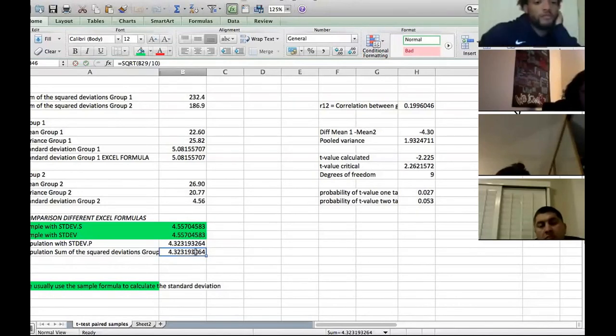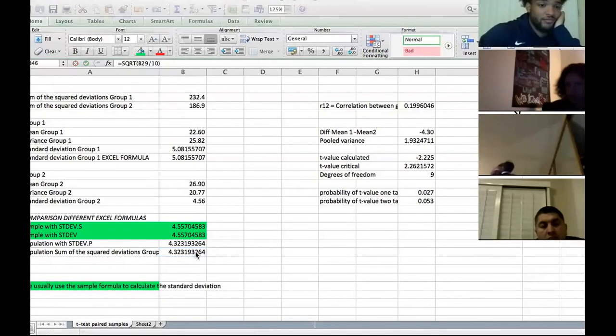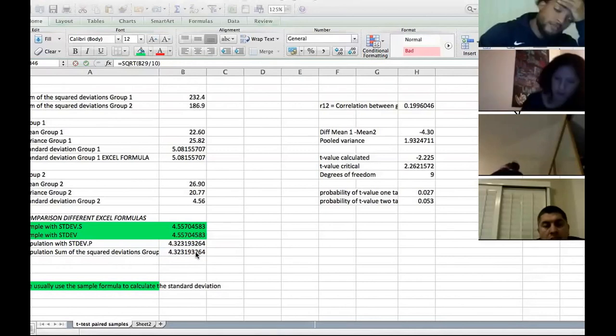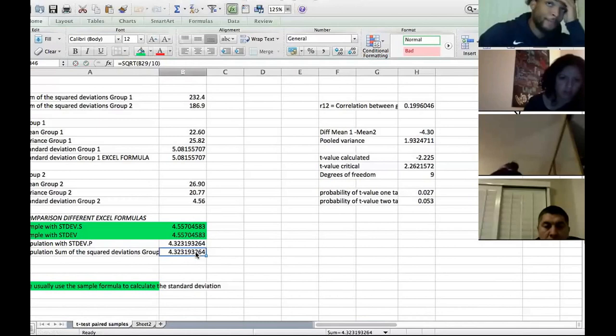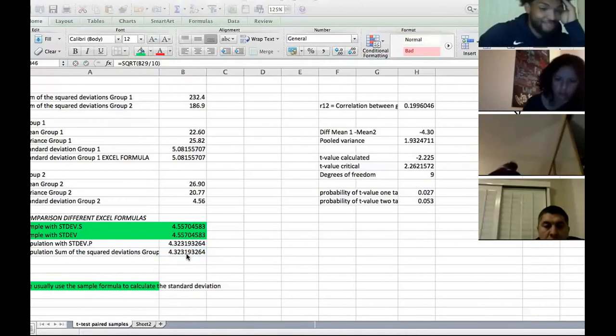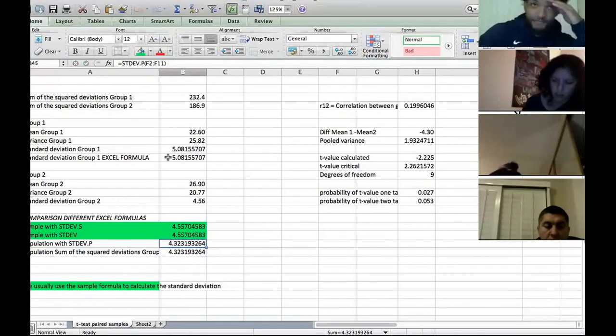Why do we only divide by n? I said earlier that from now on, we're always going to do n-1 when we do statistics. Now I'm talking about the population standard deviation formula here, which is divided by n. Why do I do that?